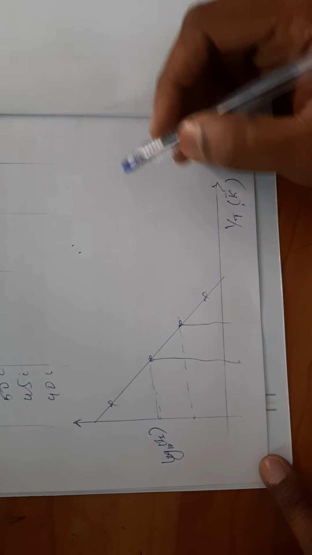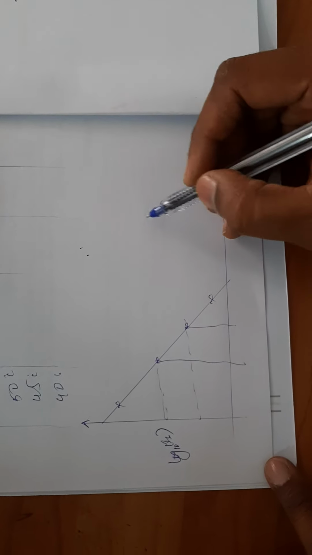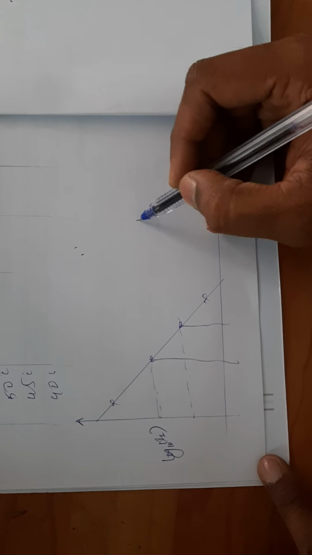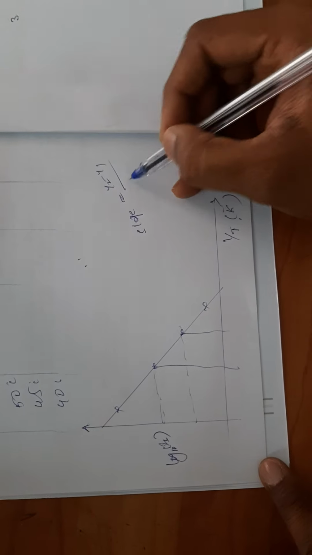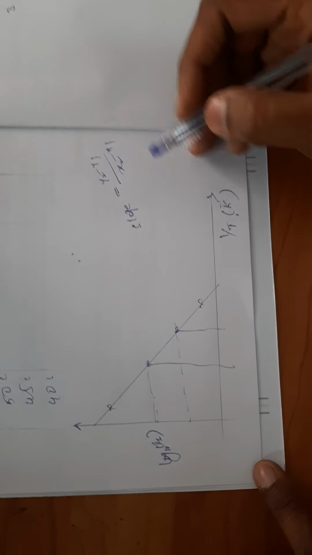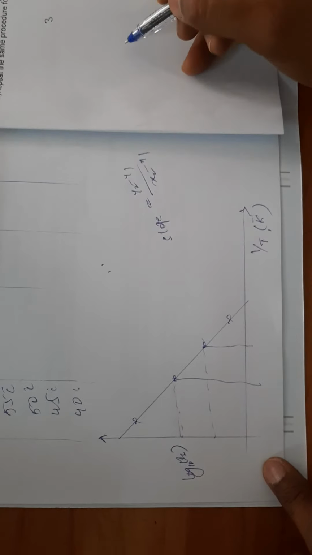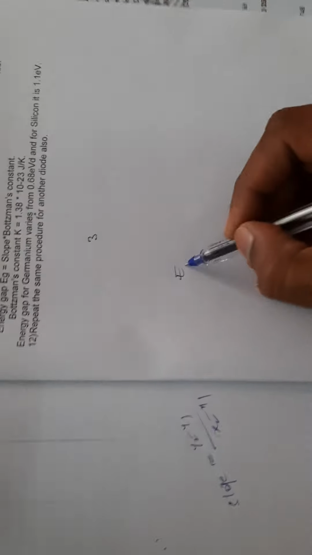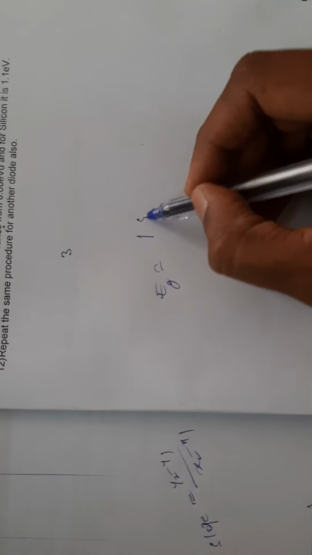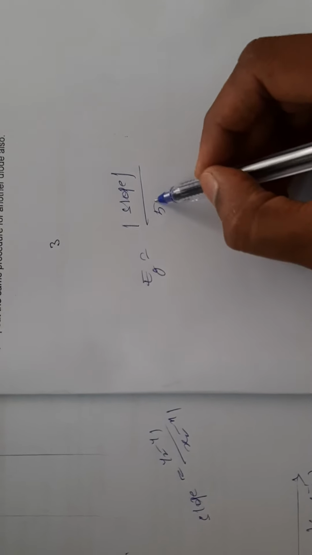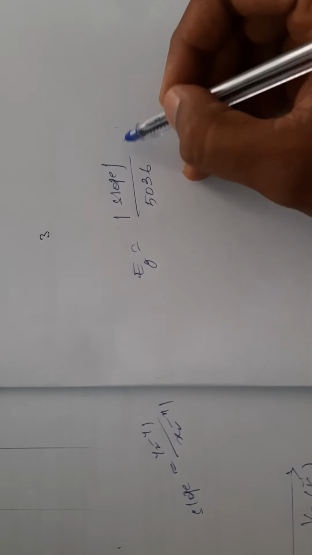The slope is equal to y2 minus y1 by x2 minus x1. Once you get the slope, you can calculate the energy gap: modulus of slope over 5036 electron volts.